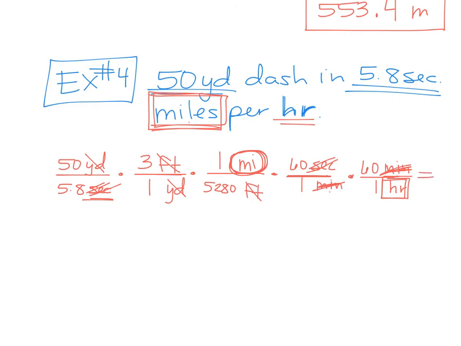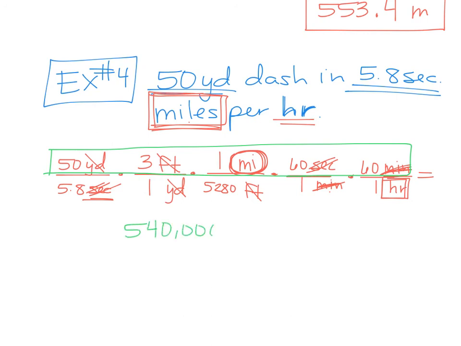You're going to multiply all the top numbers. So you're going to do 50 times 3 times 1 times 60 times 60 and get this number, 540,000. Then you're going to take all the bottom numbers and multiply across.